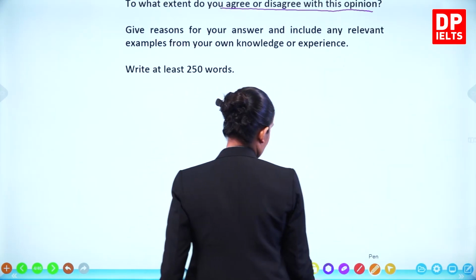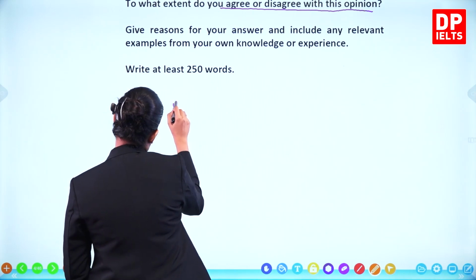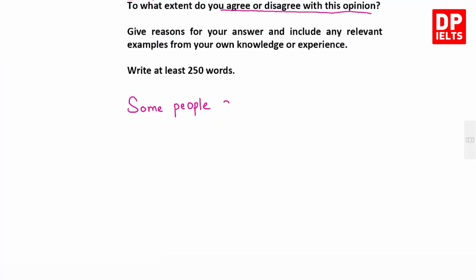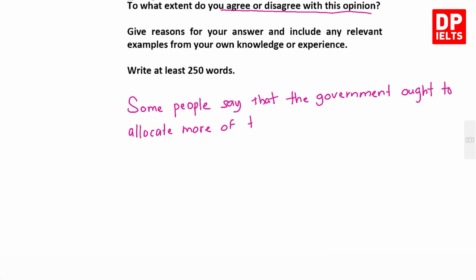Some people say that the government ought to allocate more of their budget to rail than roadways.